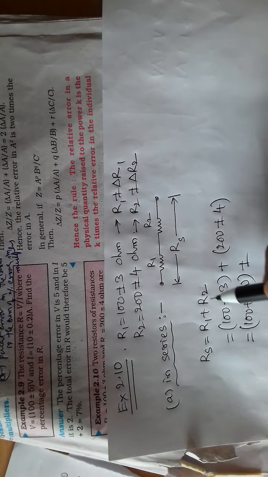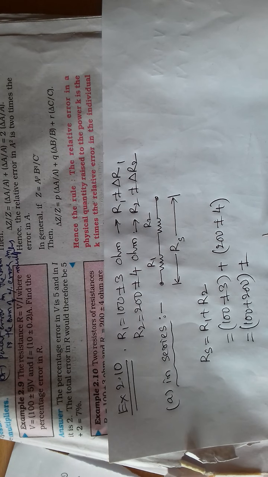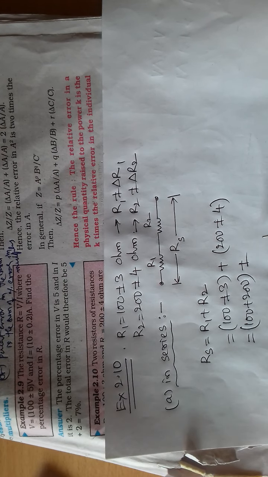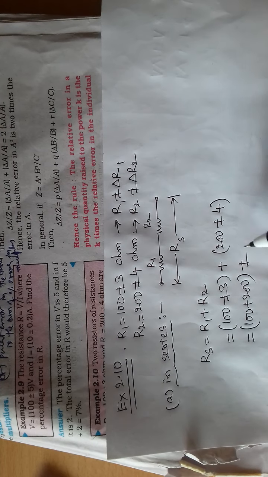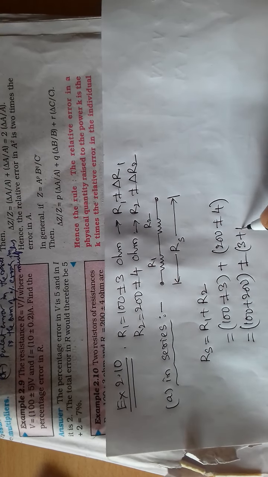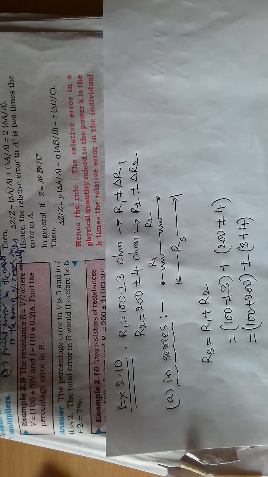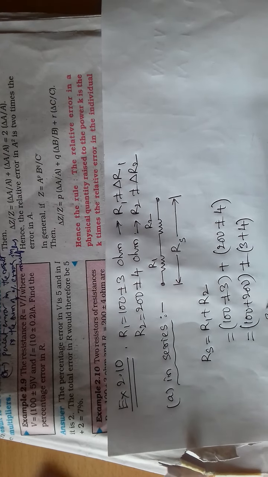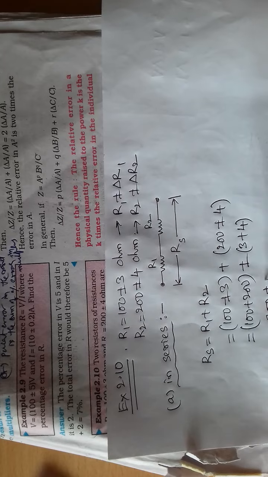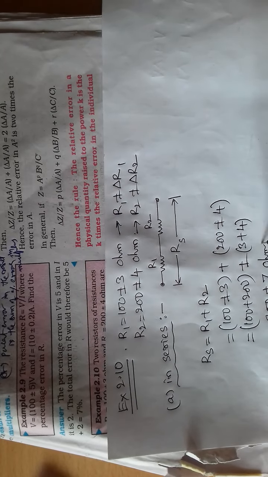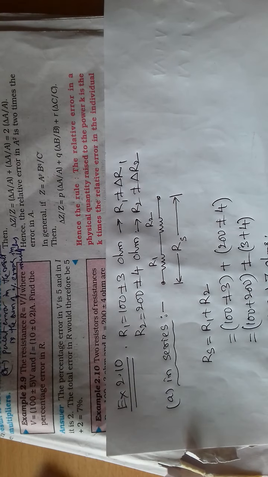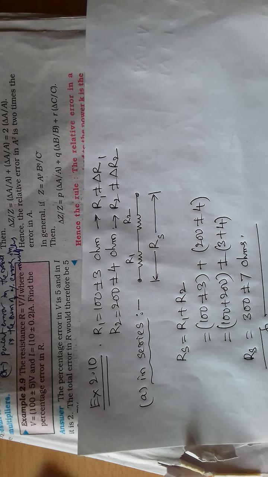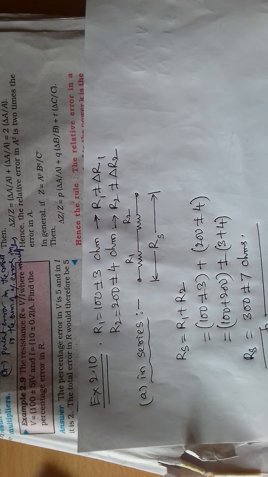Afterwards, whether it is sum or difference, we always consider the sum of the individual errors. Only sum. 300 plus or minus 7 ohms. In this way we write the values. Next, parallel connection.